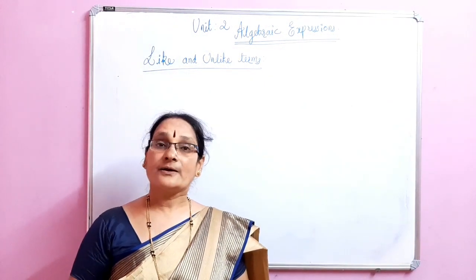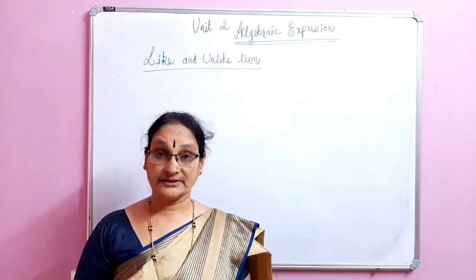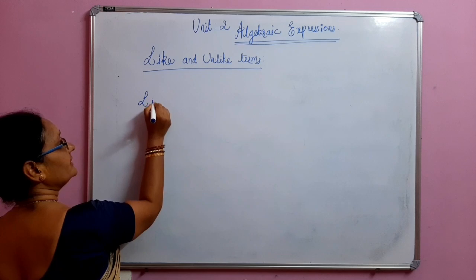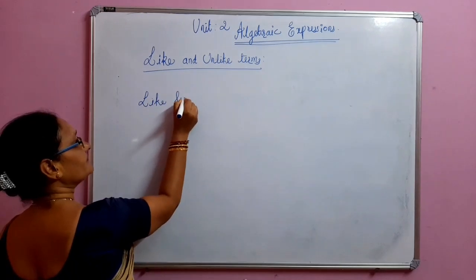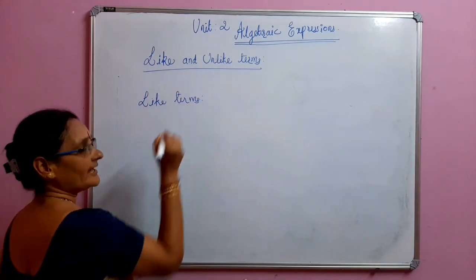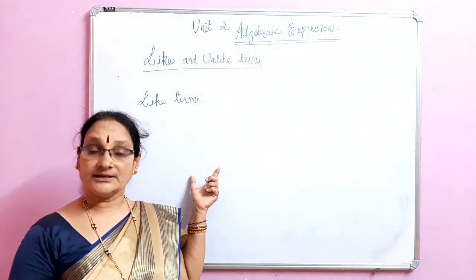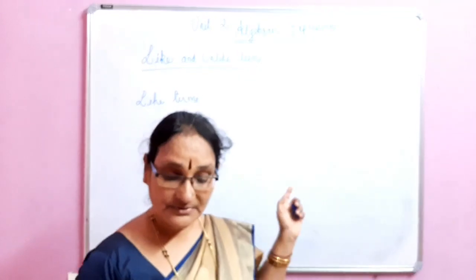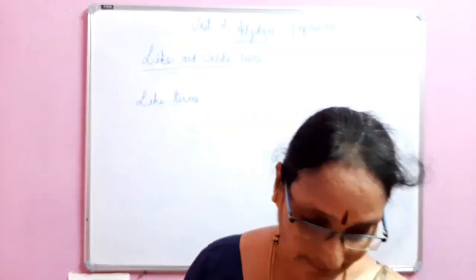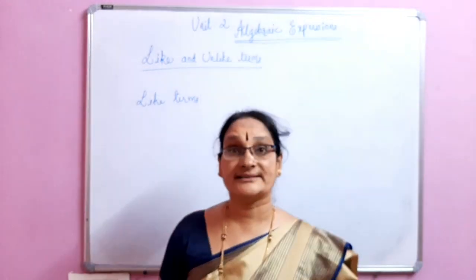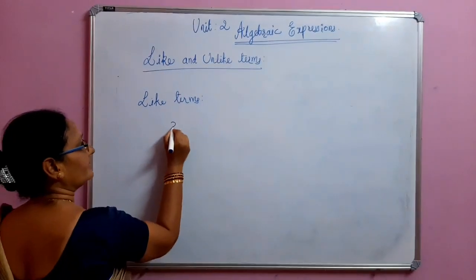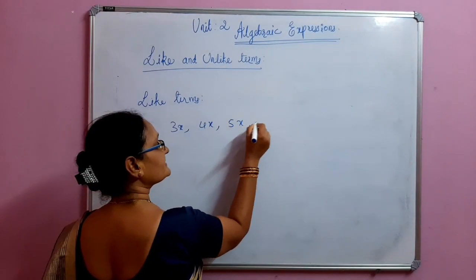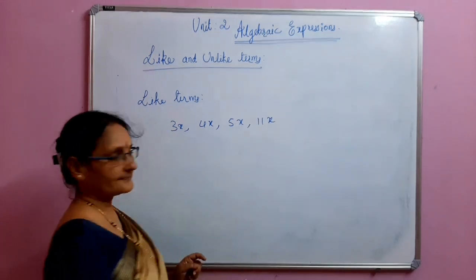First we learn what are like terms, very important. What are like terms? Terms with same variable with same exponents. Example, see here 3x, 4x, 5x, 11x.